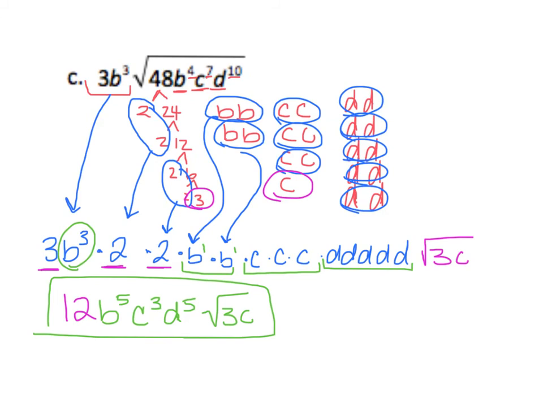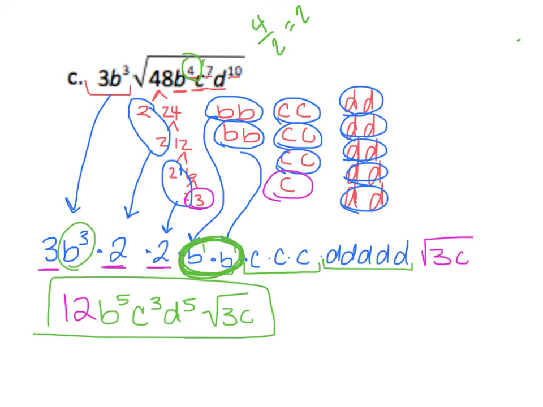Okay, but I also want you to notice and take a look at this. If we're taking the square root, look at the number 4 on the b. If I take that exponent and divide it by 2, since I'm looking for pairs, that's going to equal 2. And that's what I took out here on the bottom, an additional 2 b's.